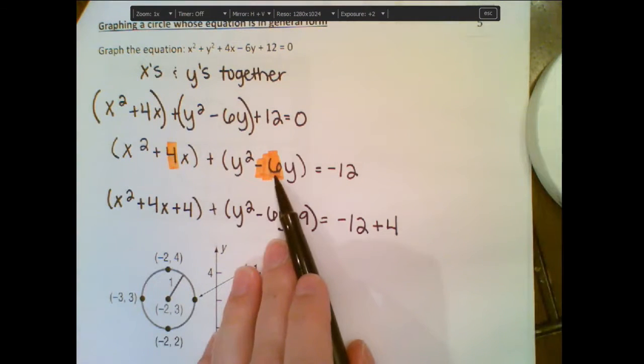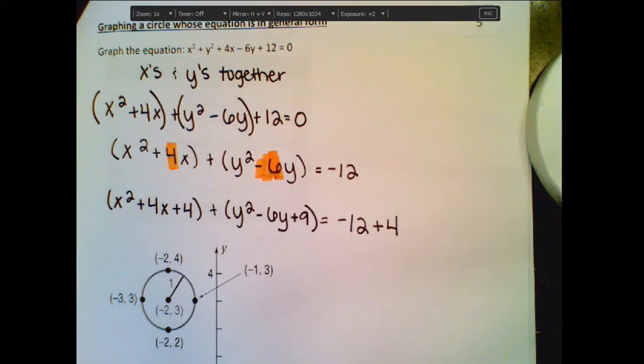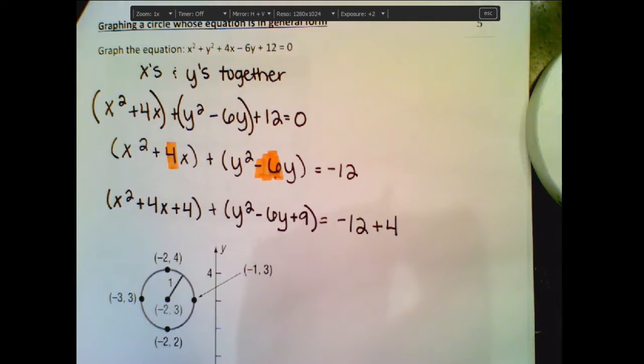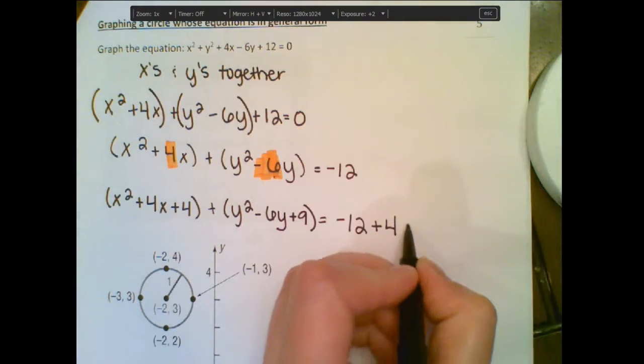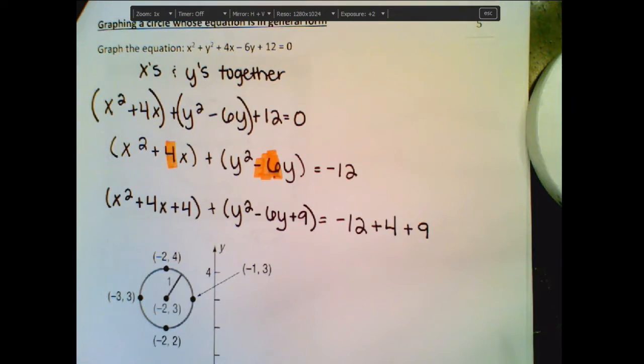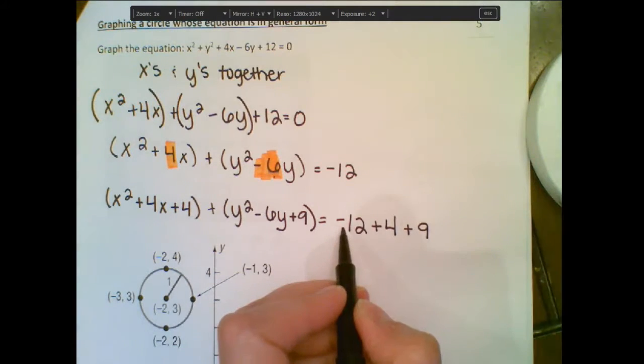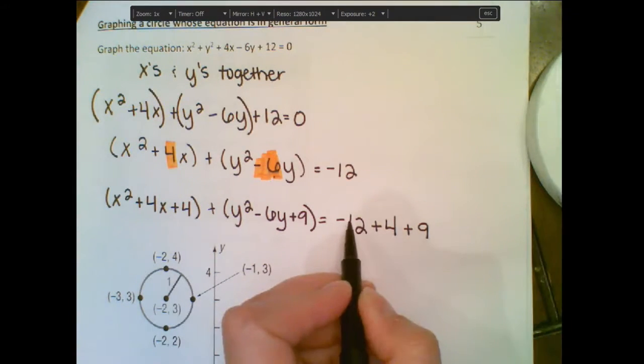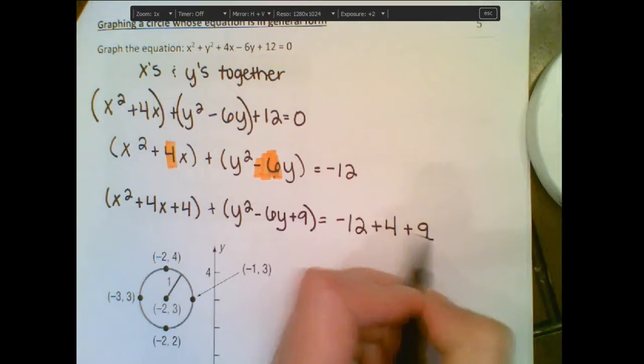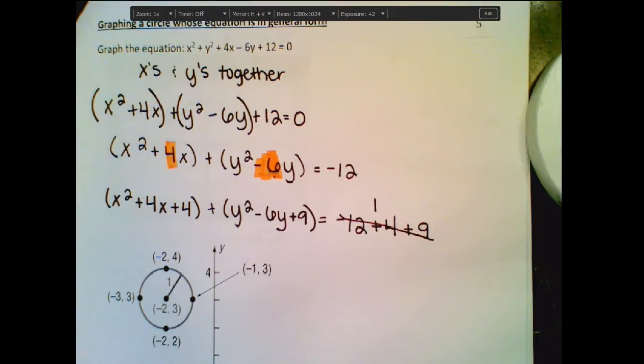We take half of negative 6, which is negative 3, and then you square that. So negative 3 squared is 9. If I add it here, I have to add it here as well. Now I'm just going to combine all of these. When I combine all of this, I'm going to be left with 1.